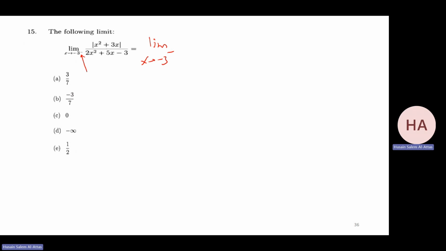This one is x plus 3 over 2x minus 1, x plus 3. So it will be 6x minus x, 5x minus 3, 2x squared. Everything is okay.